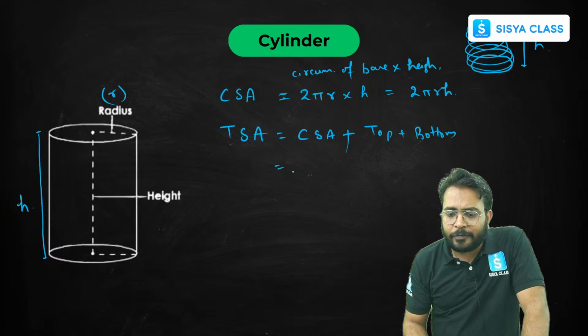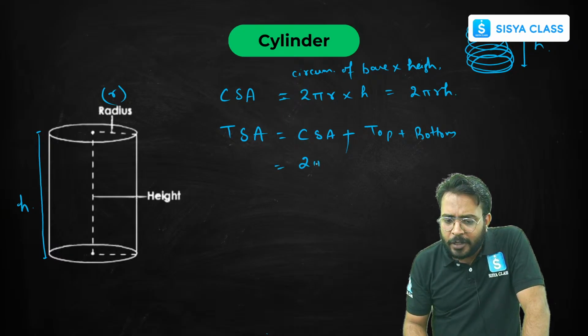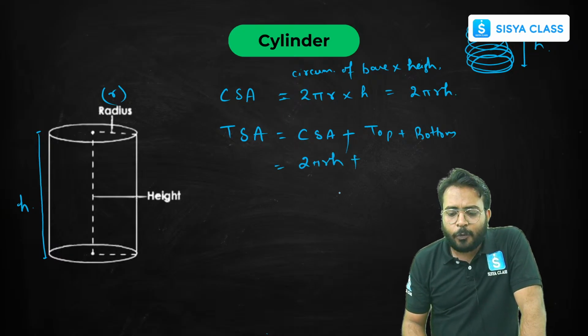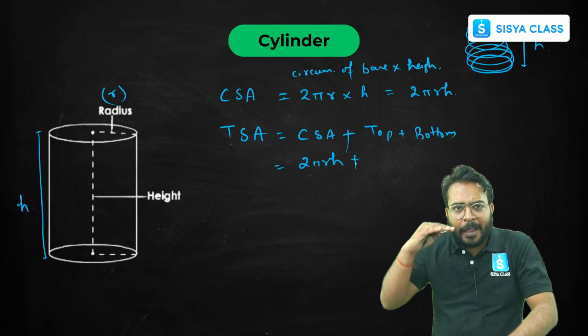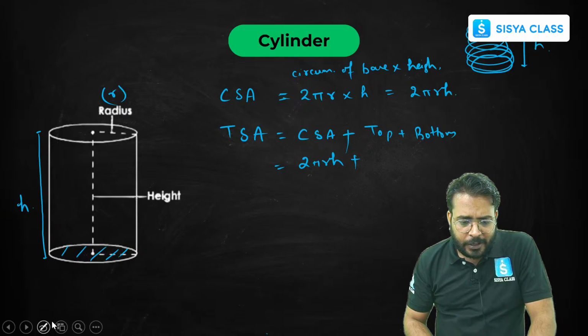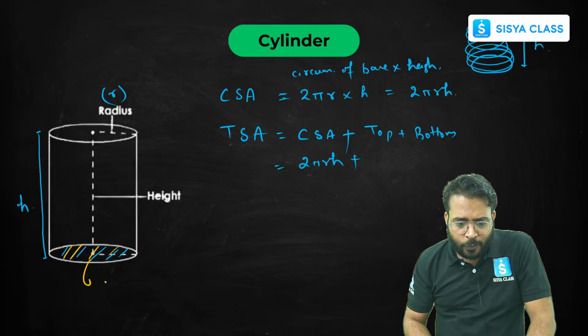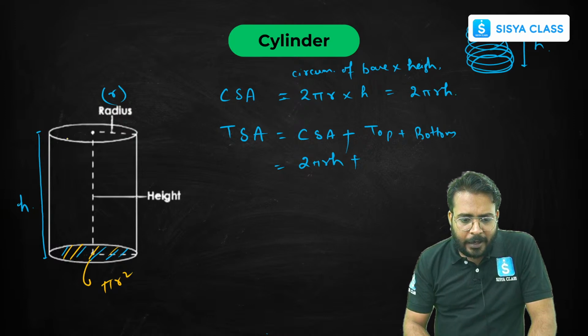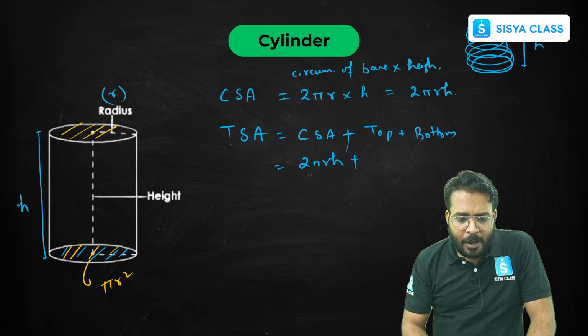And the curved surface area we already know is 2 pi r h. What is the area of my top and bottom? The top is a circular shape, right? So the area of my base is pi r square, and the area of my top is also pi r square.